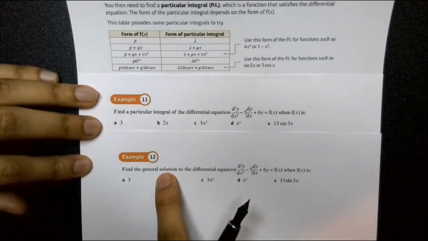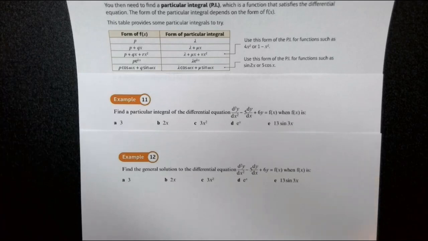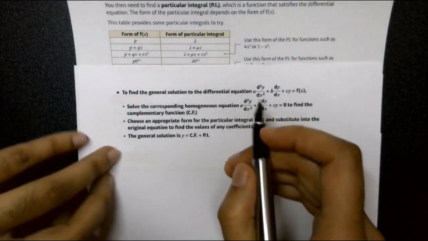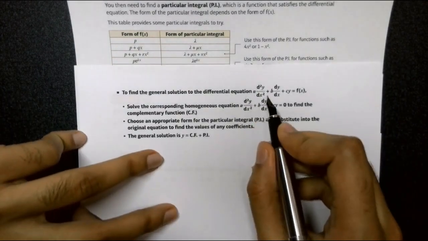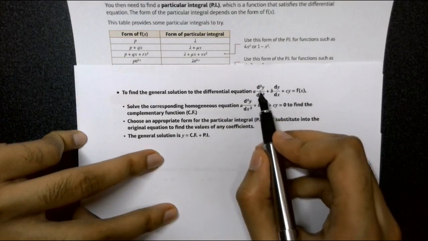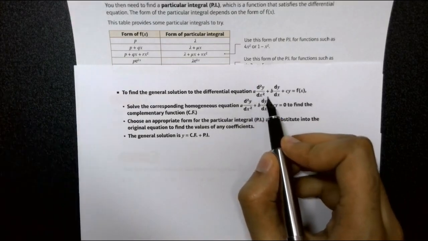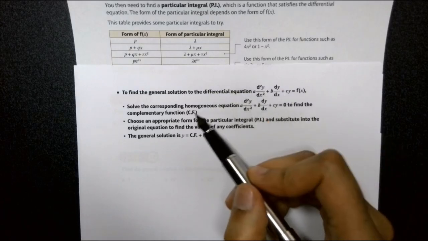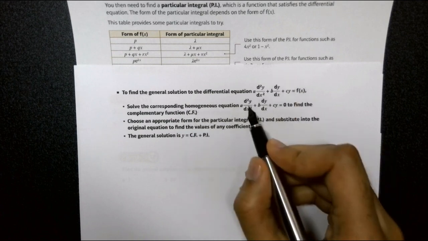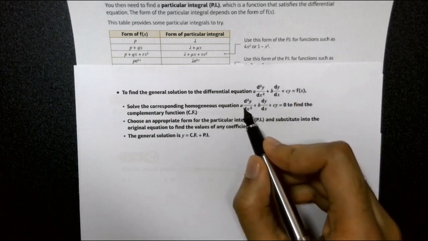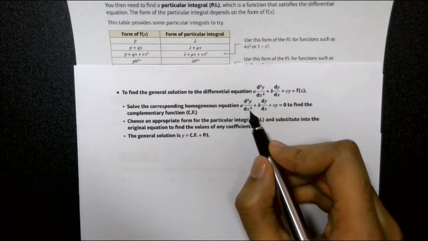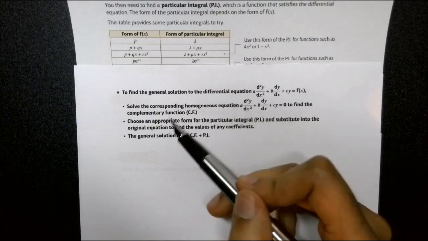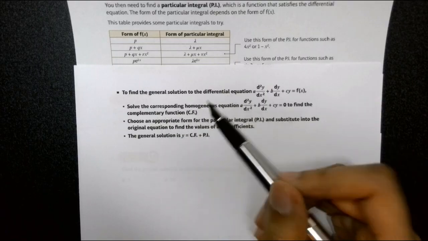Now, for us to find the general solution, if we take a look at the notes, you'd find over here, to find the general solution to the differential equation a d squared y over dx squared plus b dy over dx plus cy equals f of x, we solve the corresponding homogeneous equation a d squared y over dx squared plus b dy over dx plus cy equals 0 to find the complementary function.